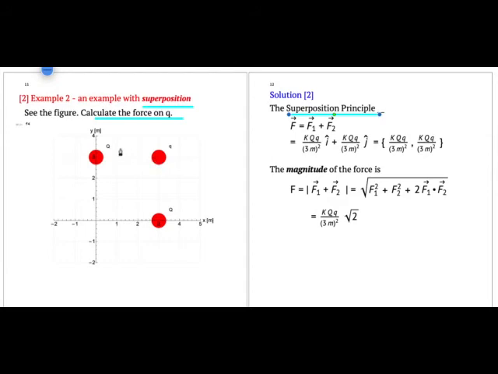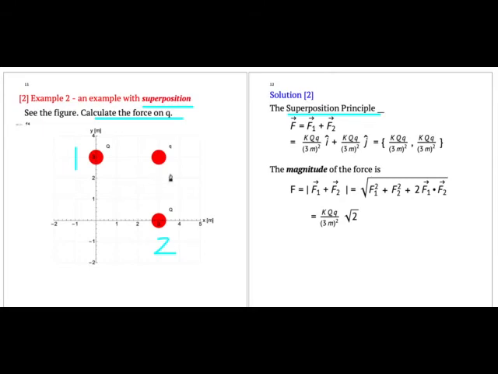So let's call this charge 1, let's call this charge 2. We could call this charge 3, but it's just different from the other two charges because it has a different value of charge. So let's just call these 1 and 2. The force on q due to charge number 1, we'll call that F1.